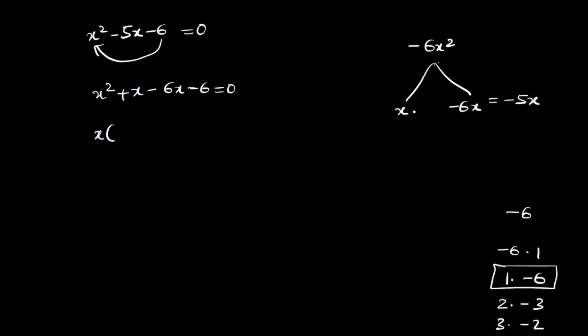If you take x out, you get x plus 1. Taking minus 6 common, you get x plus 1. So x plus 1 is common, and you can write x minus 6 times x plus 1 equal to 0.